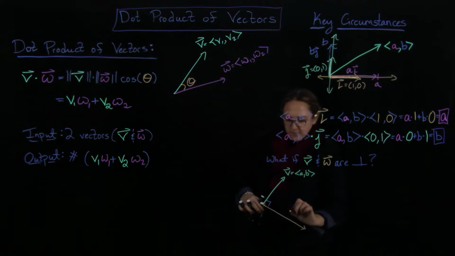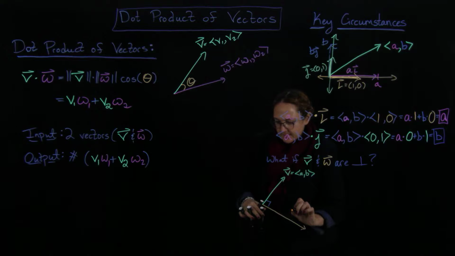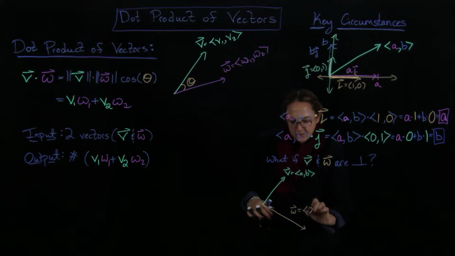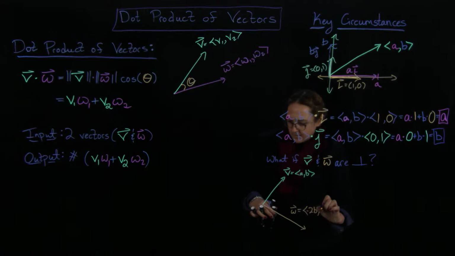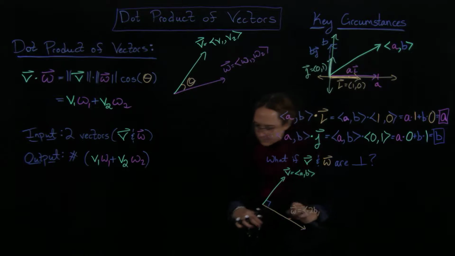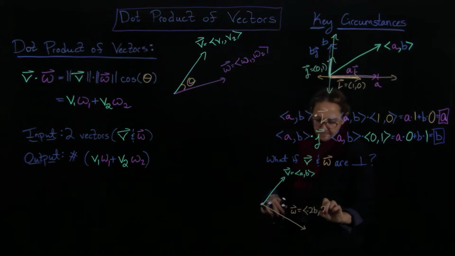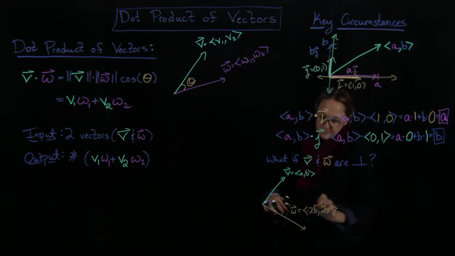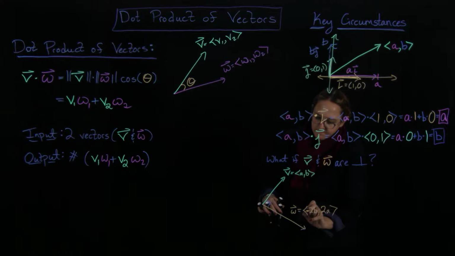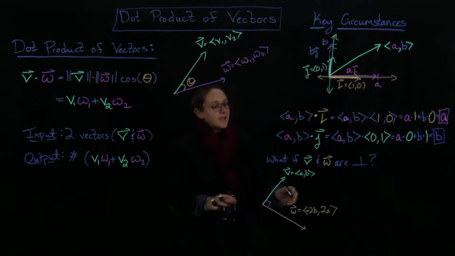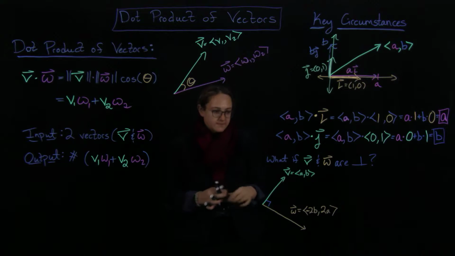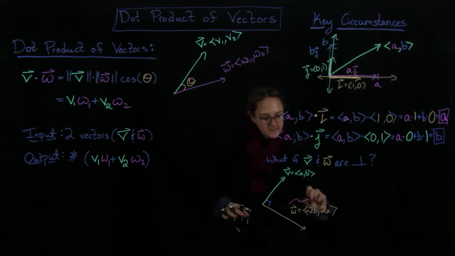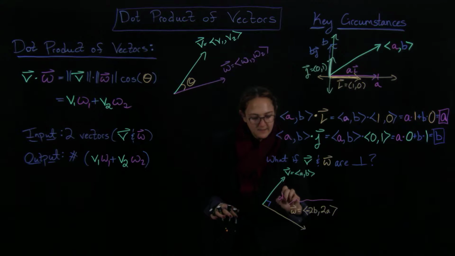So what if my W, and these are perpendicular, and this doesn't have to be length 1, is something like minus 2B, 2A? A minus sign there, just to make that especially clear. And it's okay that this is not of length 1.